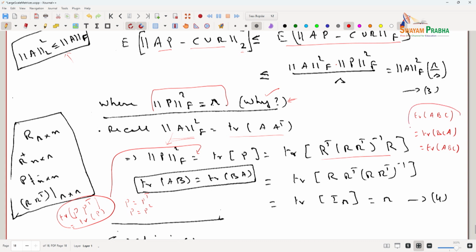So, using this circular rule, I can now say the product is equal to I_R, and the trace of that is equal to R. Therefore, the square of the Frobenius norm of the projection matrix is R, so the term becomes R divided by S.